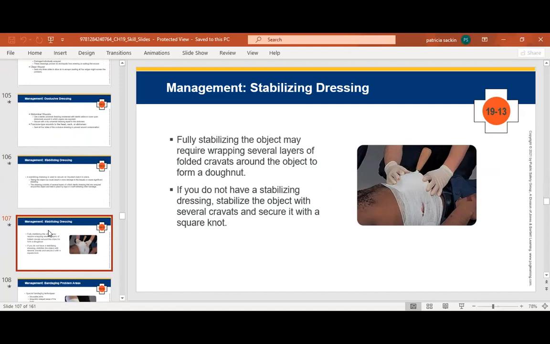We use packing around it, making it stable, keeping it from moving, wrapping around it. Again, hands-on practical experience is what you're going to need to understand this further, but never remove the impaled object. All right, next slide.